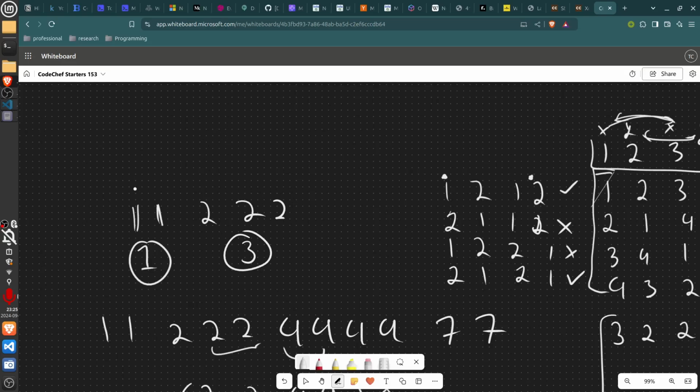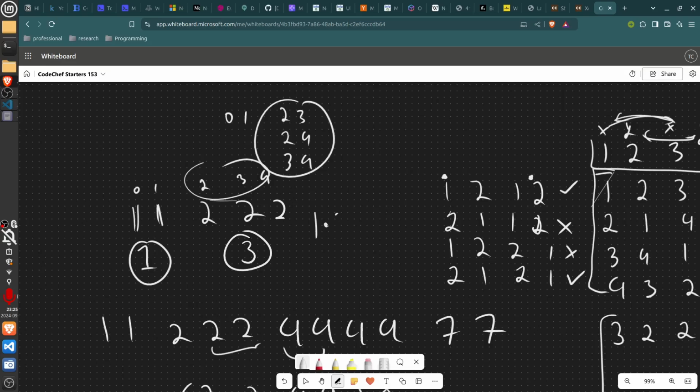I can label these as 0, 1 and label these as 2, 3, 4. Well, I have 3 ways of doing it. One way of doing this, so I'm always going to pick this 0, 1. Over here, I might pair it with these two, or with those two, or with these two. So I have 3 options. So if you do 1 times 3, you get 3.